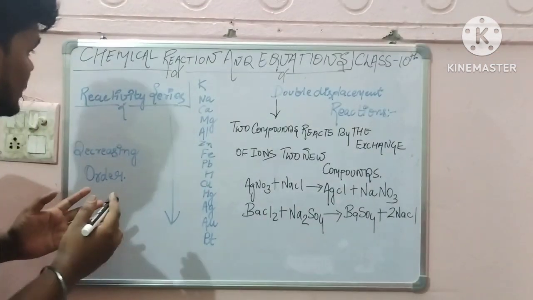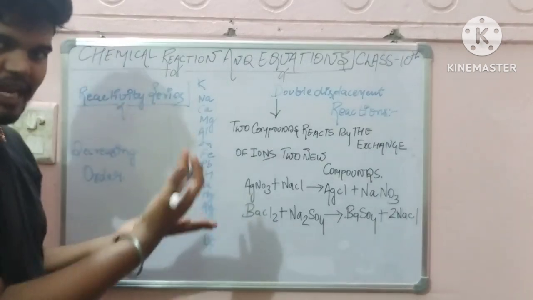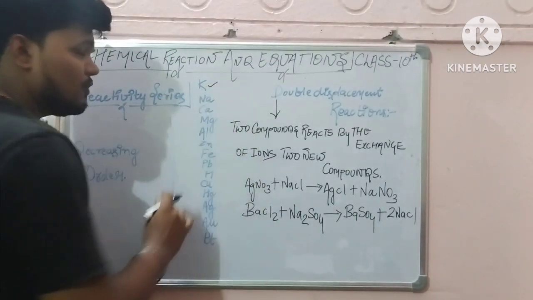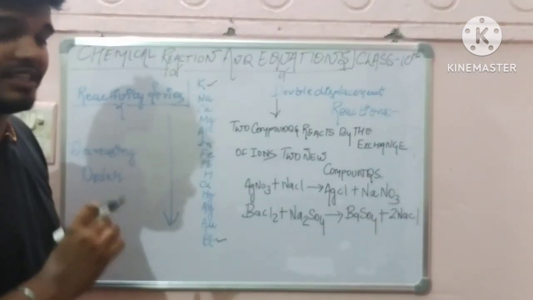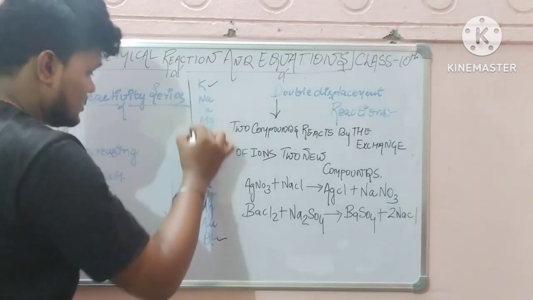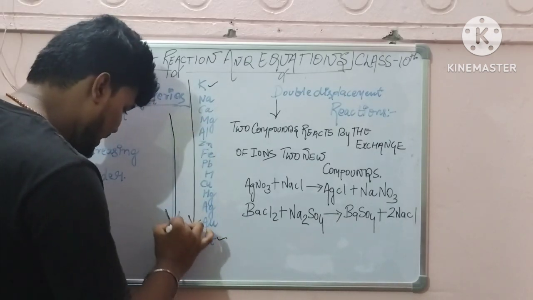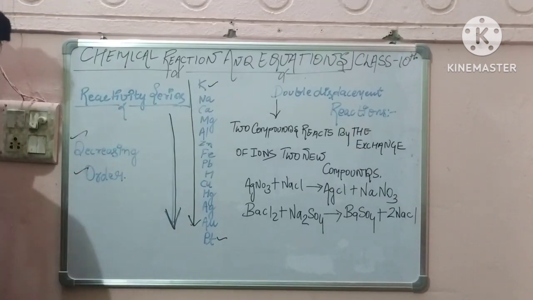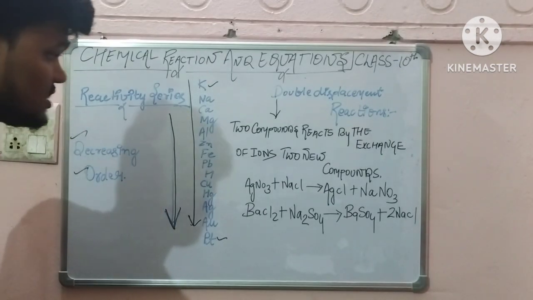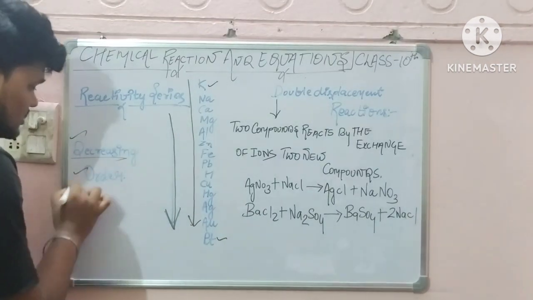In the reactivity series, I told you that the element which is more reactive is arranged at the top, and the one which is very less reactive is arranged at the bottom. So dear students, this is the reactivity series, and in this the elements are arranged in decreasing order of their reactivity.